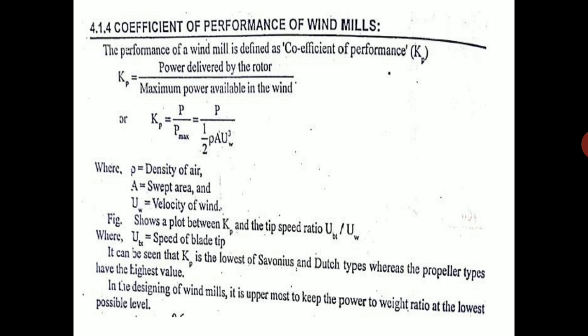If the blade is rotating, the tip is rotating at the highest speed, and the hub is rotating at the lowest speed. I am talking in terms of meters per second, not in RPM. Now this tip speed ratio is equal to the blade tip speed divided by the wind velocity.